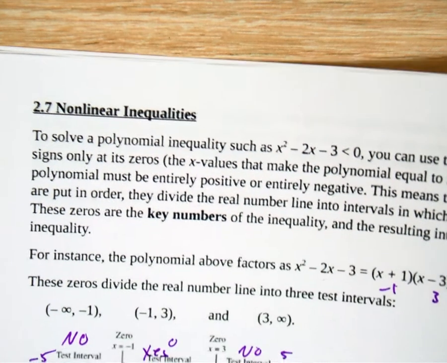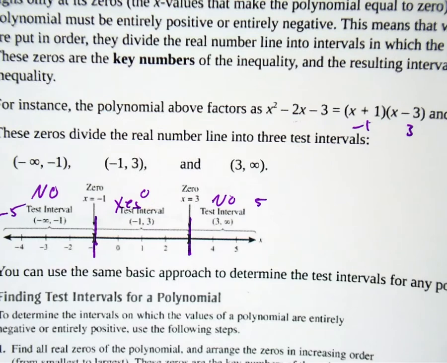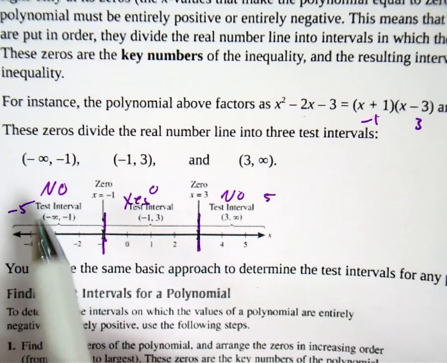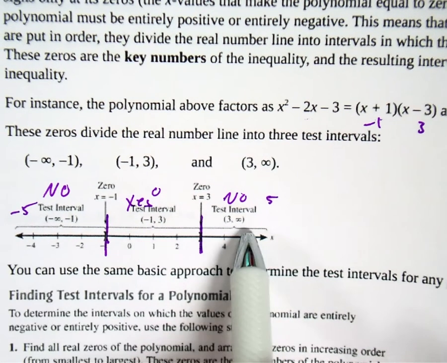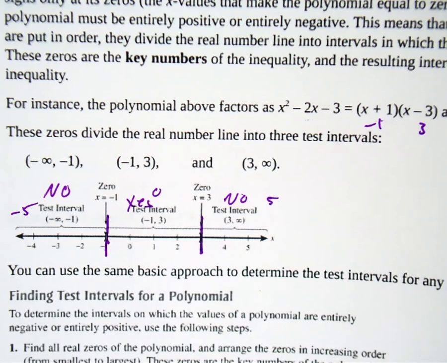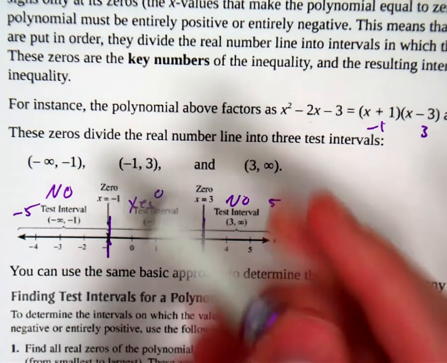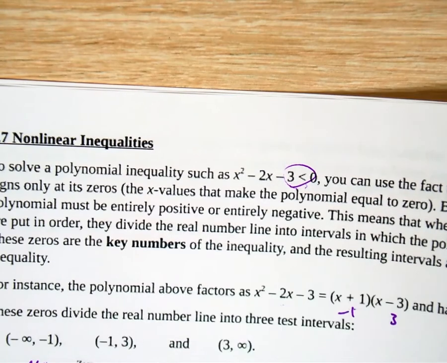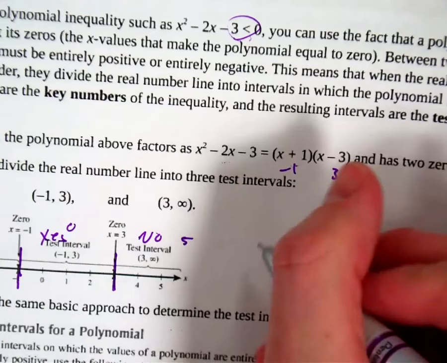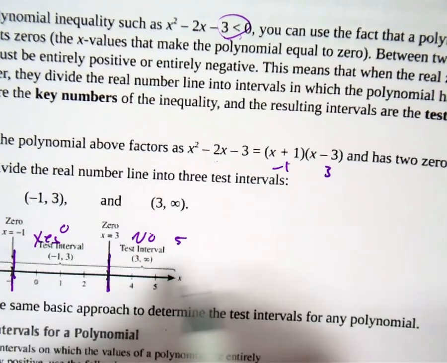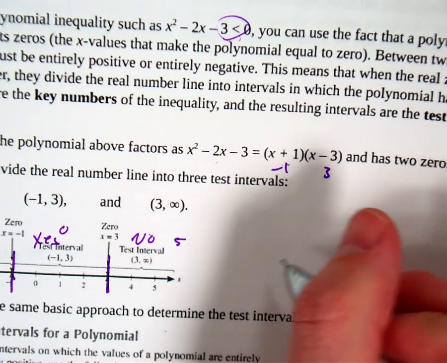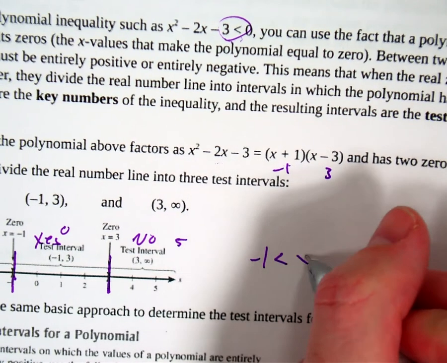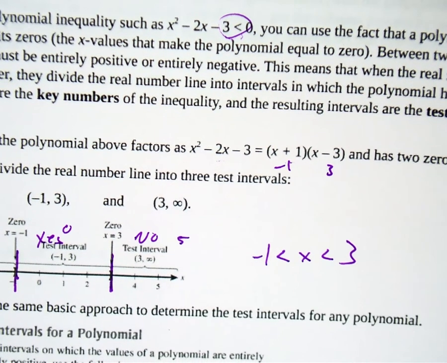And a lot of the times, guys, it alternates. No, yes, no, yes, no, yes. It'll just alternate like that. So here's what we want: in between here. Usually it just copies those inequalities, so no underline on these. So we are between negative 1 and 3.